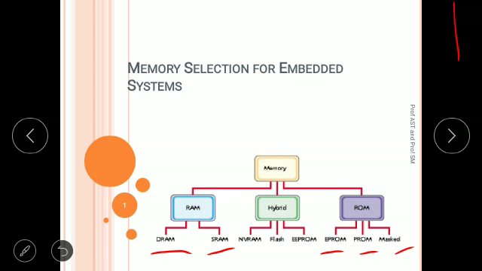If we combine both, we will come up with the hybrid type of memory, which can be divided into non-volatile RAM, flash and E2PROM. These are the different classifications of memory which can be used in different types of embedded systems depending upon their applications. Now let me go through in detail how the memory selection happens.